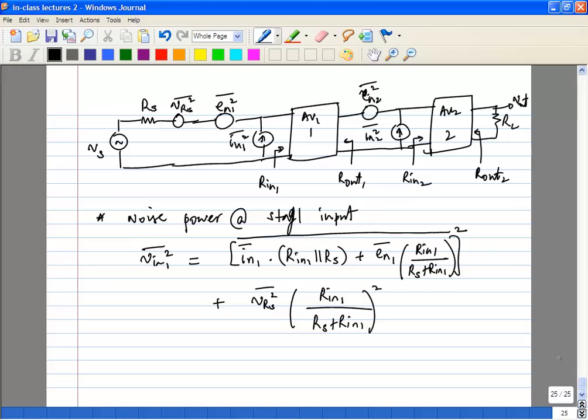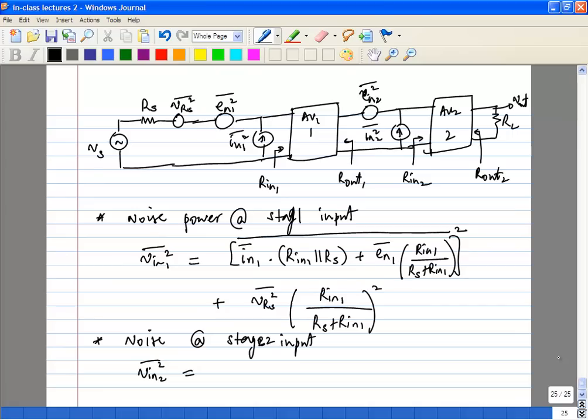Now let's go to the noise at the stage 2 input. It's a 50 ohm resistance, right? So you have 4kTR delta f as the noise. What is this?